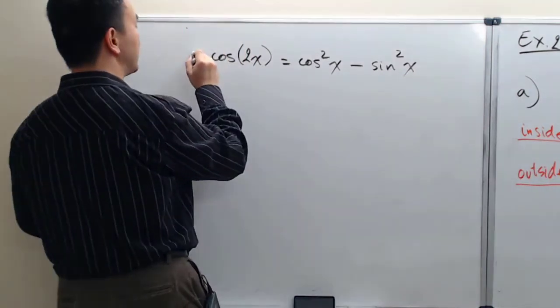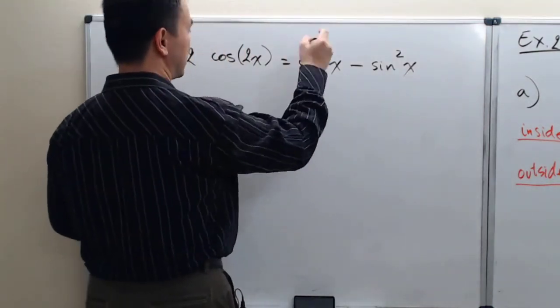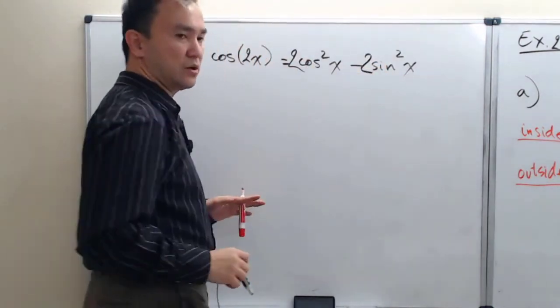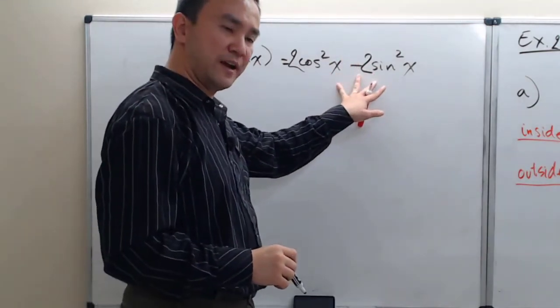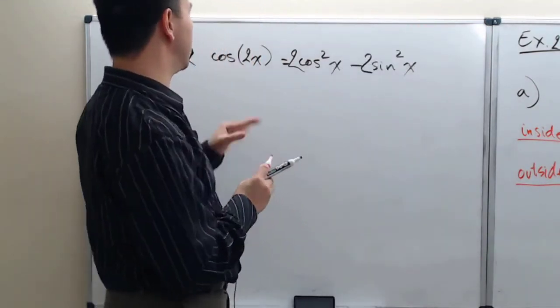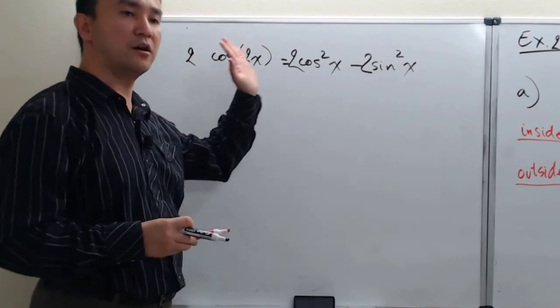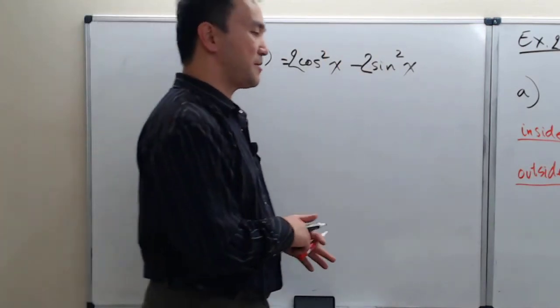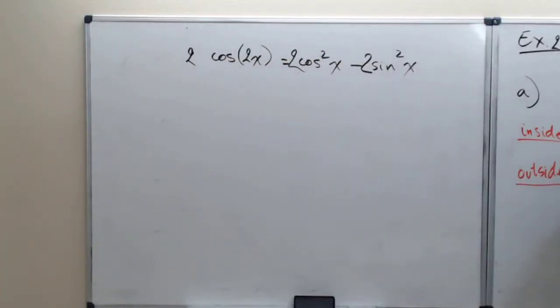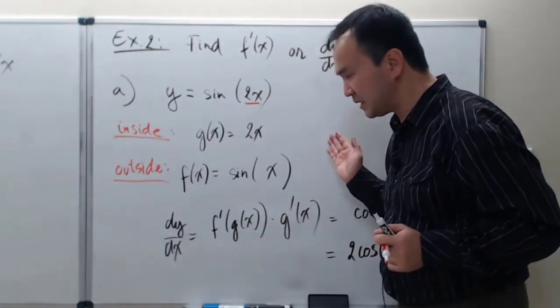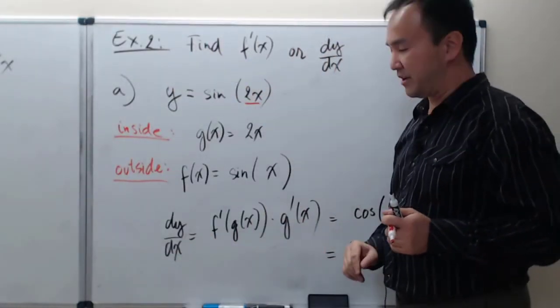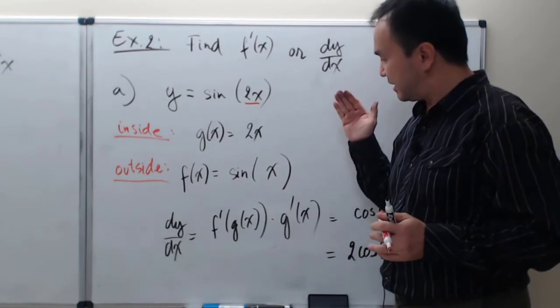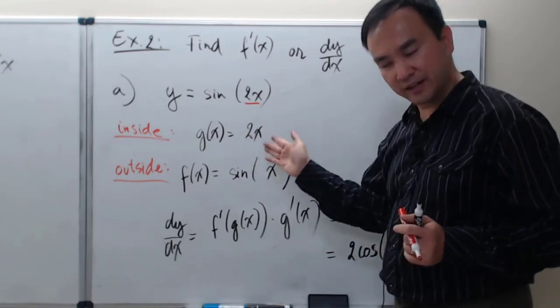And since we have a 2 here, we just multiply it through. So in the end, this is the answer we found in the earlier solution, and this is the answer we have just found now. They are the same answer. That's how we do part A of our example here, and this time the chain rule applies directly.